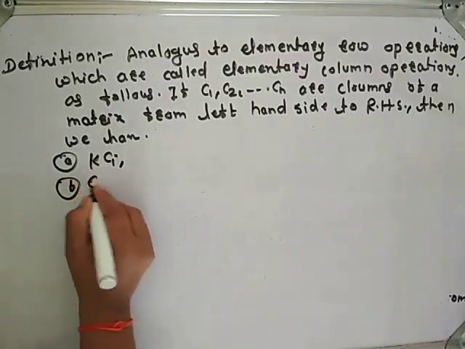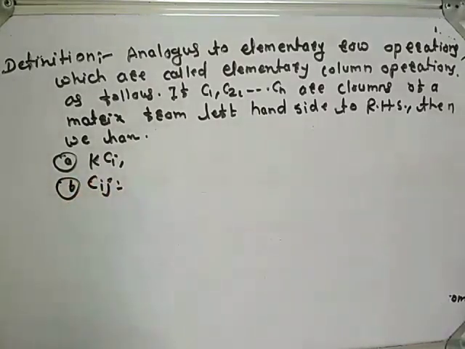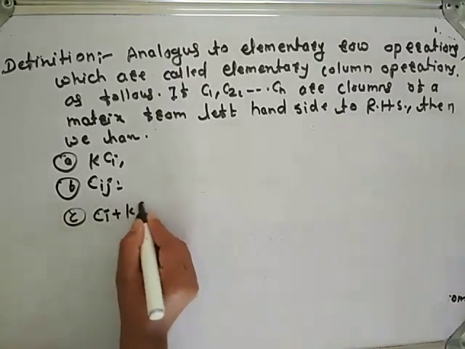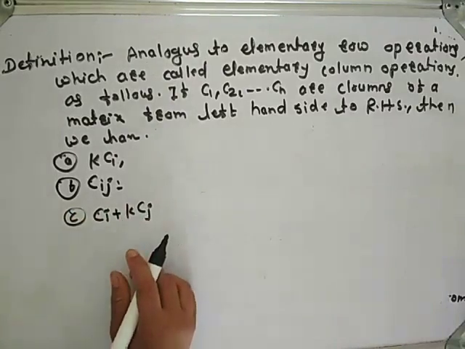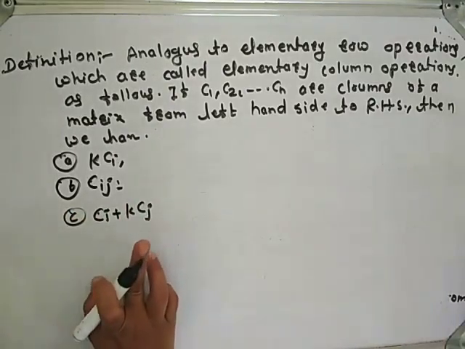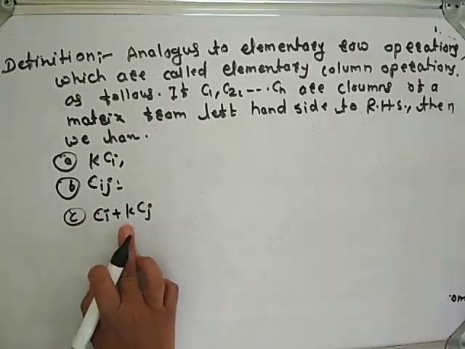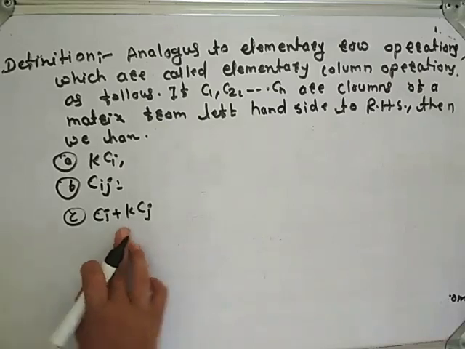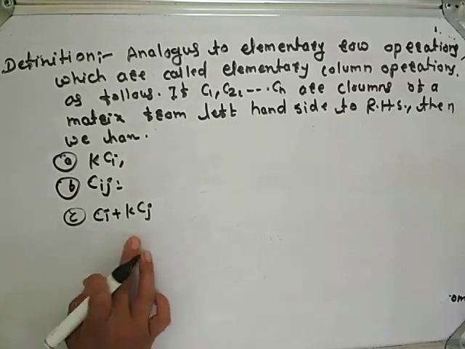Second, Cij means interchange of ith column and jth column. Third, Ci plus k into Cj means multiply all the entries of jth column by constant k and add the resulting product to the corresponding entries of ith column.